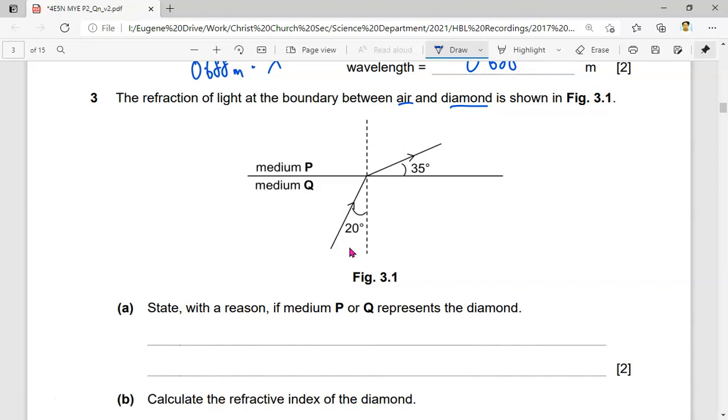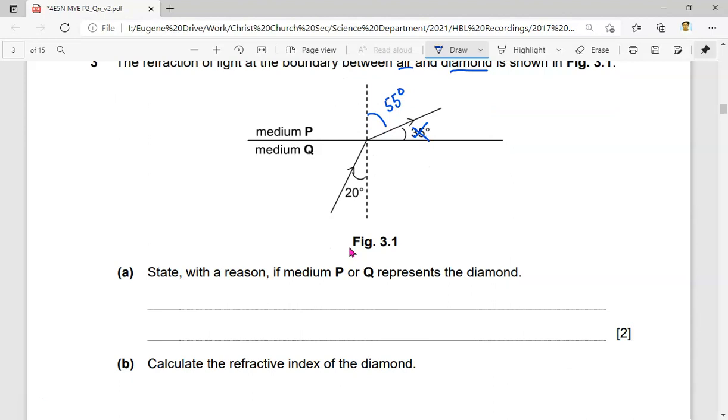The angles are always measured from the normal to the light ray. So 20 degrees is correct because it's from the normal to the light ray. But 35 degrees is not the correct angle I should be using. Instead, I should be using 55 degrees, because 90 minus 35 is 55.